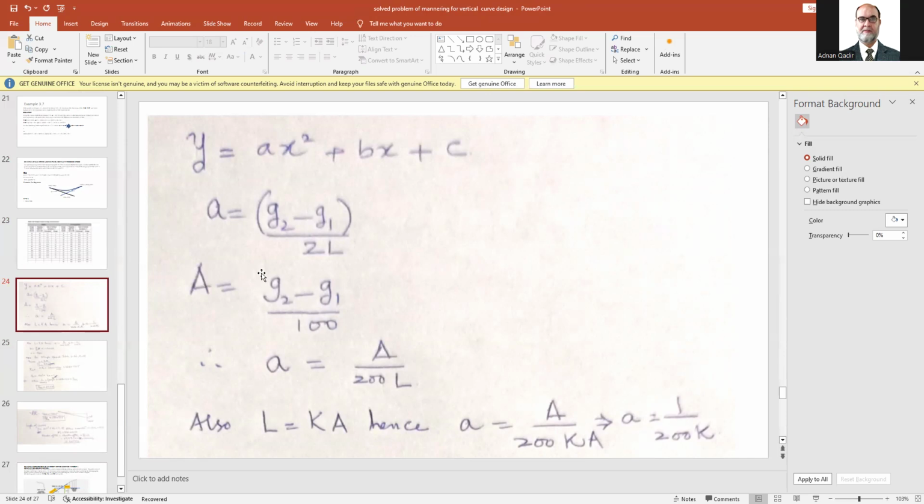We know that the equation of the parabola is y is equal to ax square plus bx plus c. We also know a is equal to g2 minus g1 over 2l.